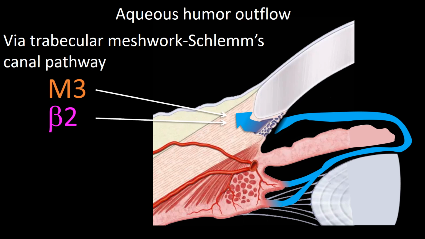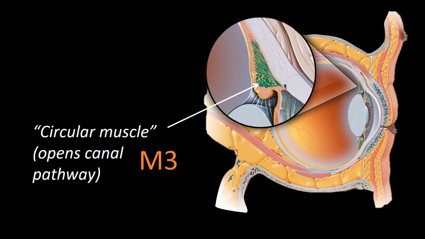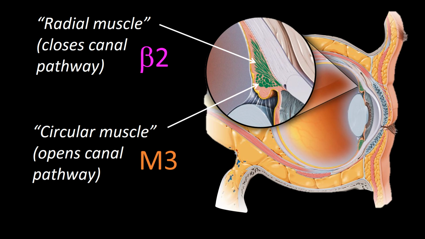This flow is governed by activation of muscarinic 3 and beta-2 adrenergic receptors. Activation of M3 receptors opens the pathway. Activation of beta-2 adrenergic receptor closes the pathway.